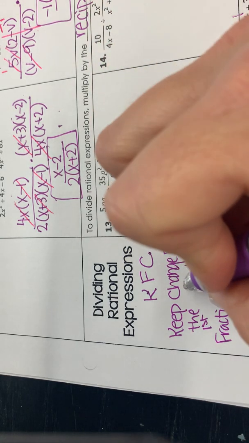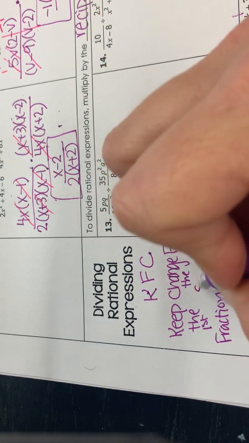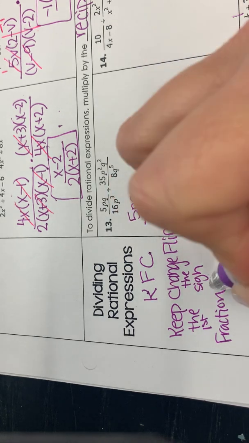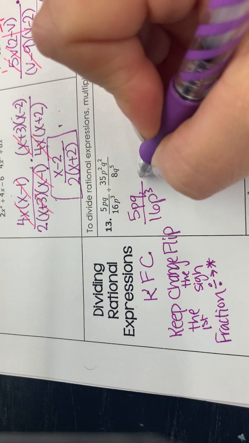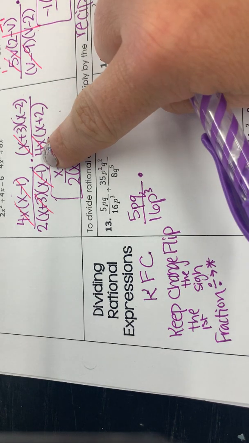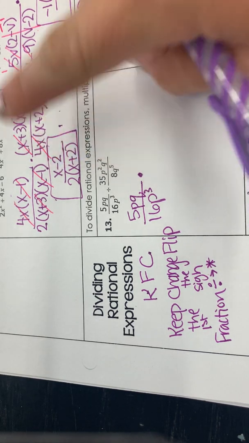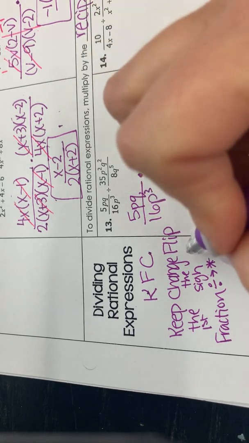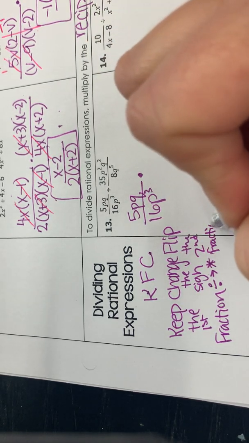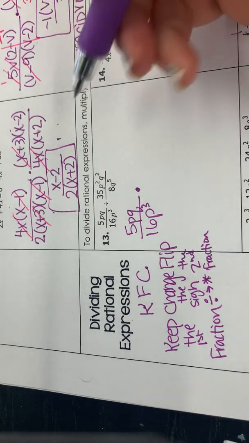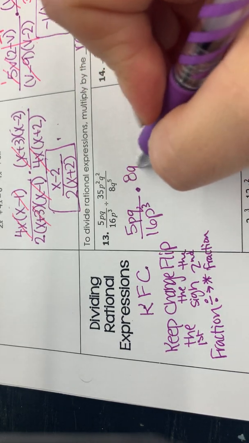You change the sign. All right, so it goes from dividing to multiplication. So I'm going to bring down the dot, just like it looks on 9 through 12. And then you flip the second fraction. That's that reciprocal that we just wrote in there. So I'm going to flip it.